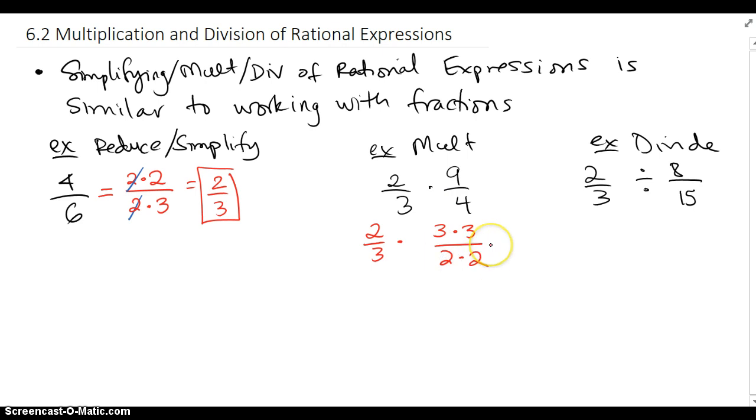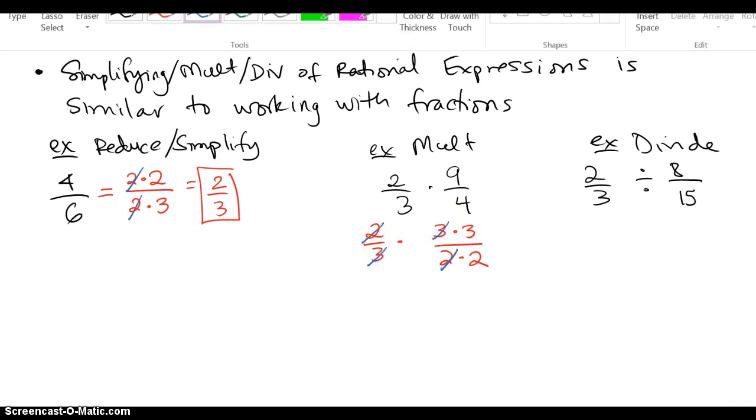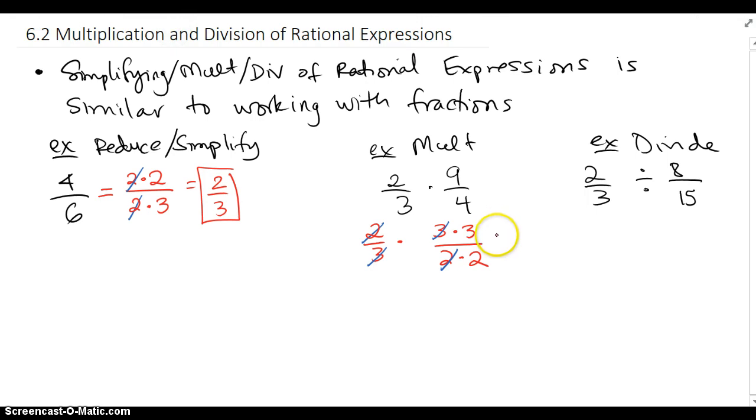You might not go to this extent and might do it in your head quicker, but that's essentially what's going on. Common factors from the numerator and the denominator are being reduced and canceled out, and you end up with 3/2 for your answer. So all you're doing is basically factoring and then dividing out or canceling.